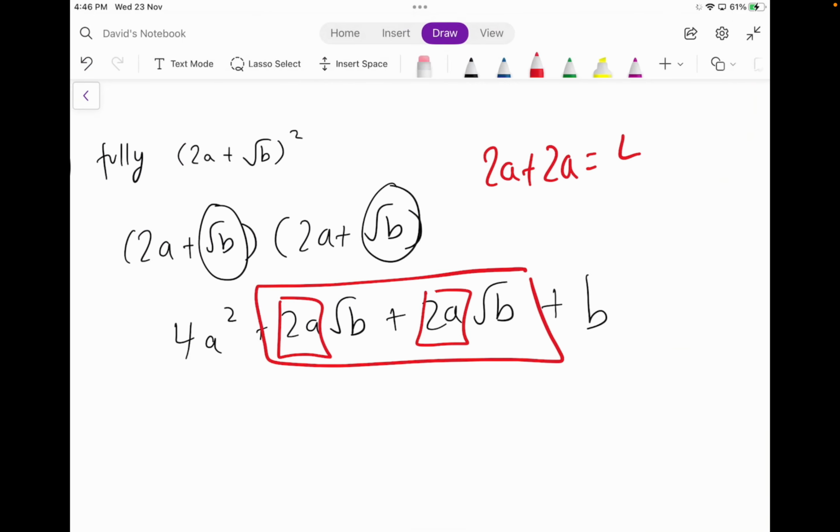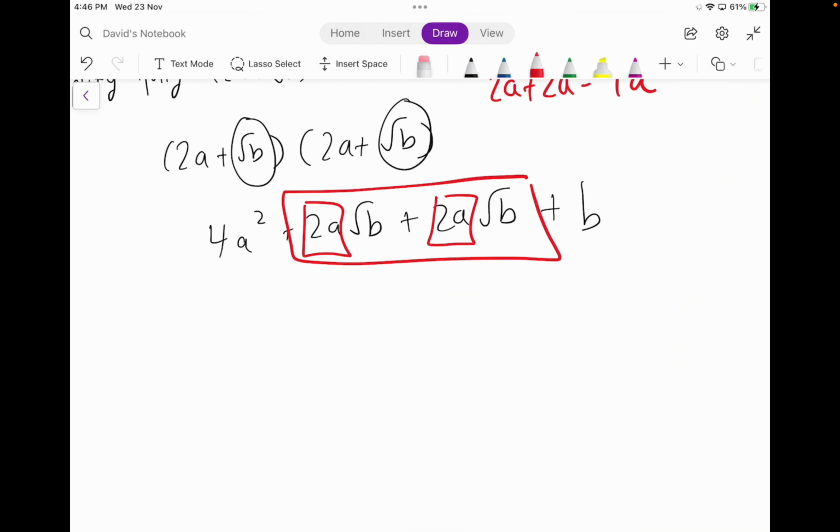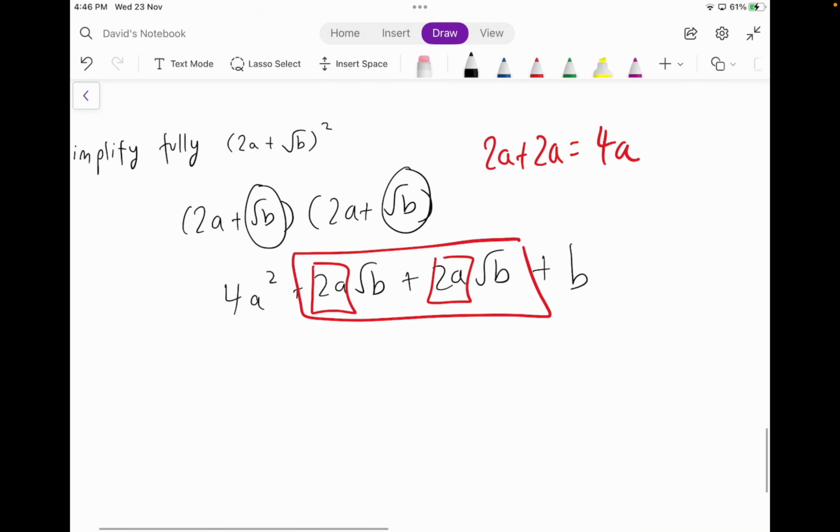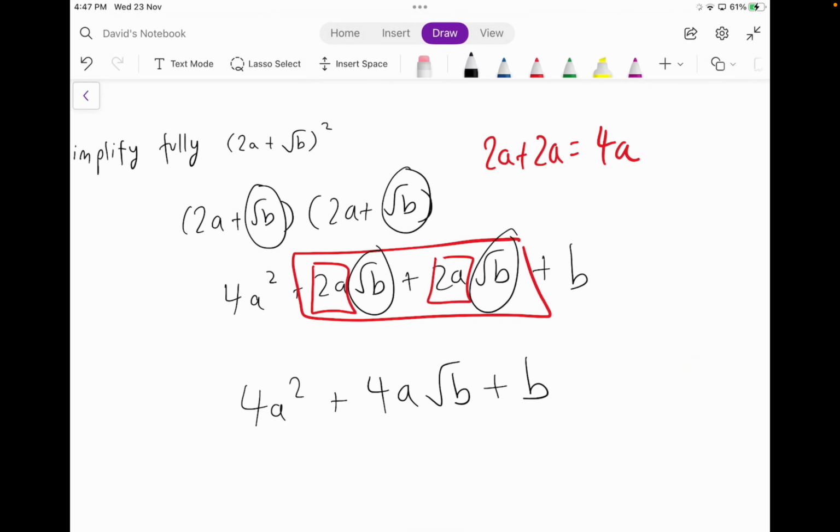That's going to give you 4a. So your final answer is going to become 4a squared plus 4a square root b, since square root b remains the same, plus b. This is going to be an answer for about 2 marks using that same law and the rule of surds, addition of surds.